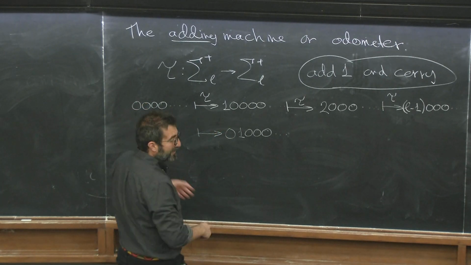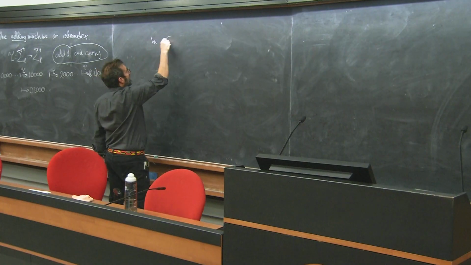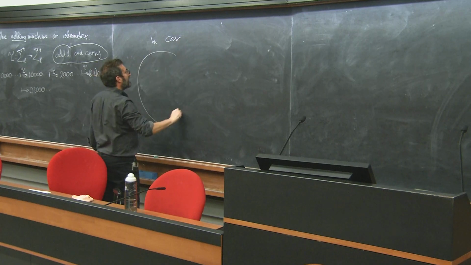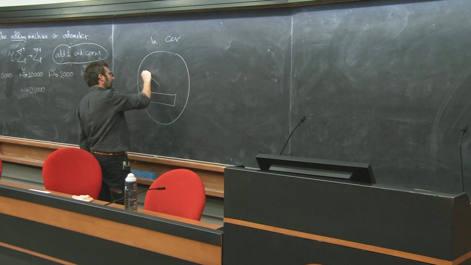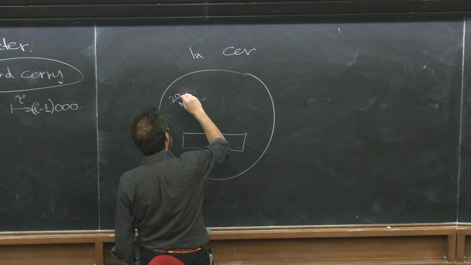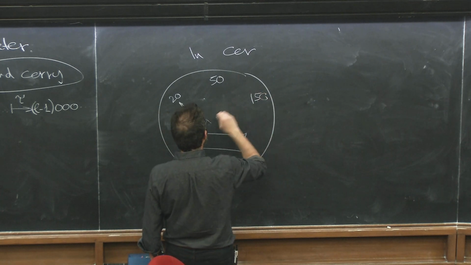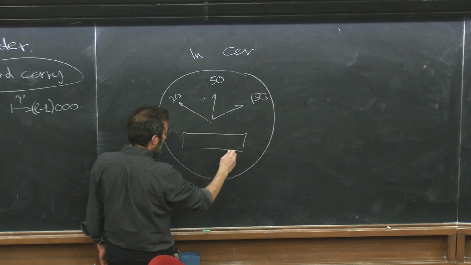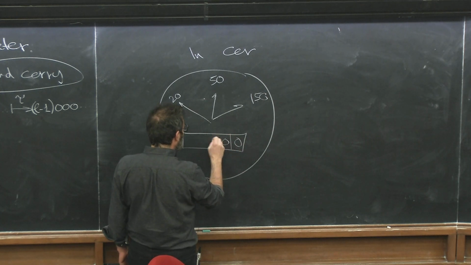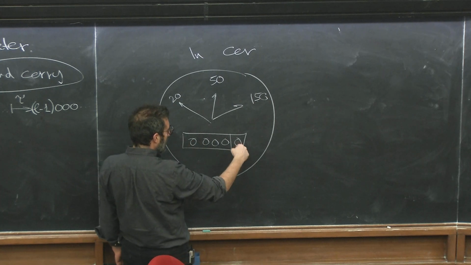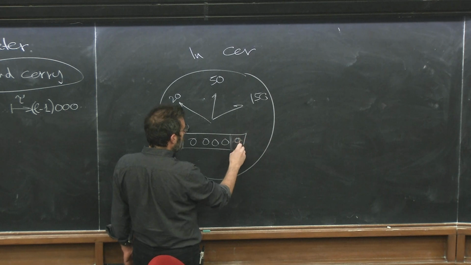Usually in a car, we have the thing with the speed, 20 kilometers per hour, 50 kilometers per hour, 150. And then here we have the kilometers, and we have here 0. We start with 0 when the car is new, right? And then we keep adding here 1, 2, 3, until you get to 9.